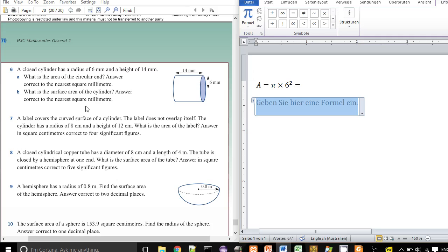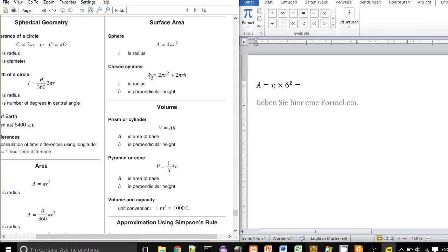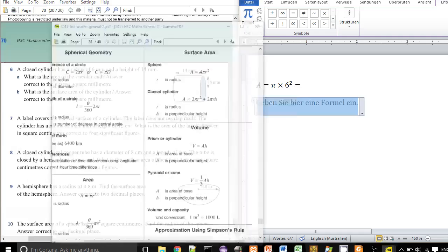For the surface area of the cylinder, we can just use this one for a closed cylinder. Notice the 2 pi r squared is just the caps, the top and the bottom. A circle at the top and a circle at the bottom. That's why it's 2. And this fancy part is the curved section that goes around the middle.